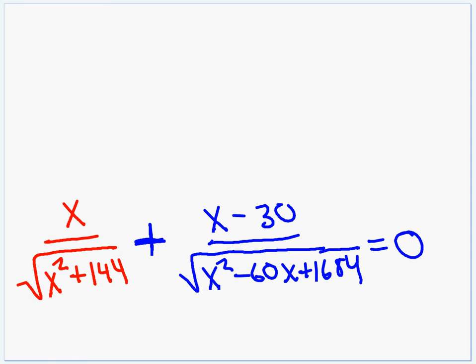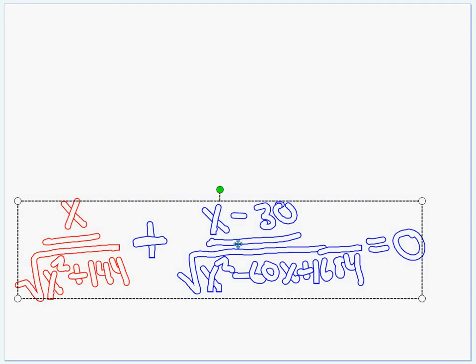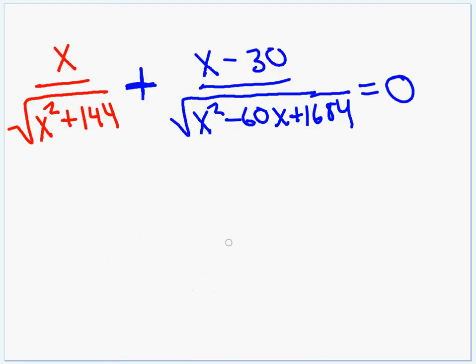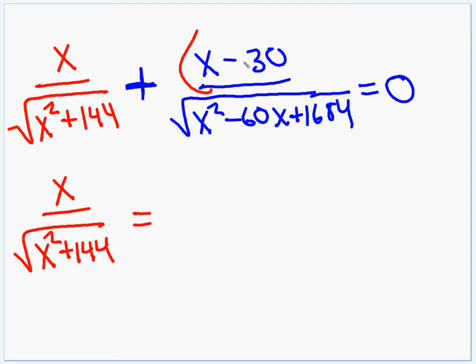Okay, so here, I'm going to move the one in blue over to the other side. So I'm going to keep this one over here in red: x over radical x squared plus 144. Now, when we move that, I'm going to put a set of parentheses around the numerator. When we move that over to the other side of equals, we could just put a negative outside, or let's distribute.